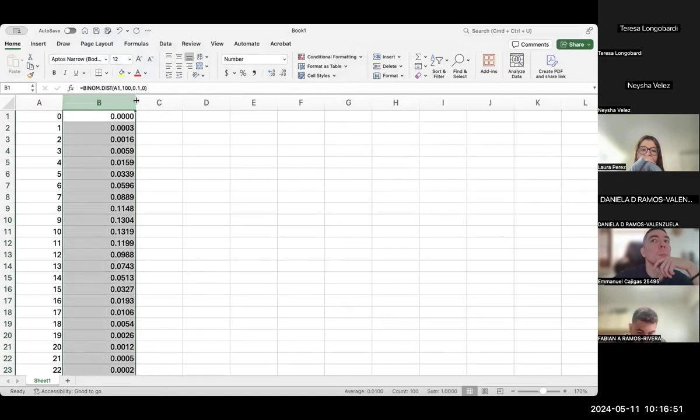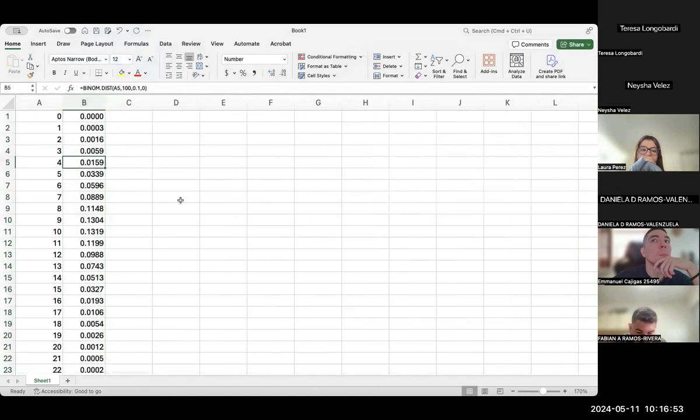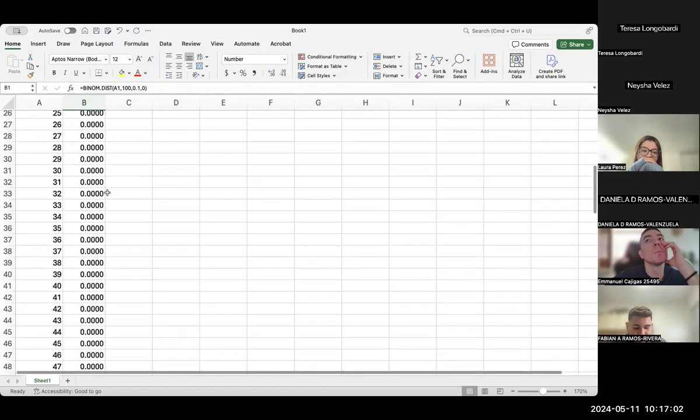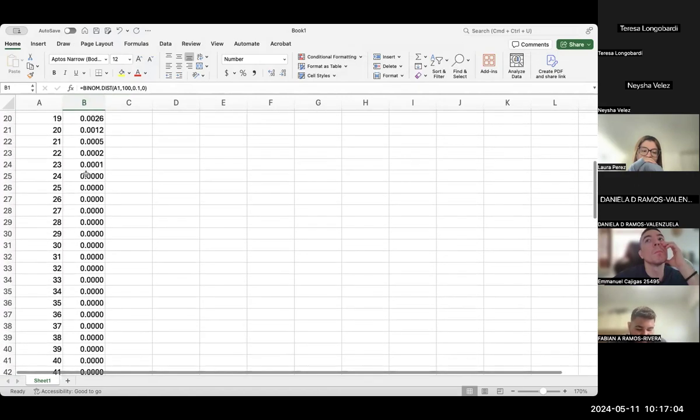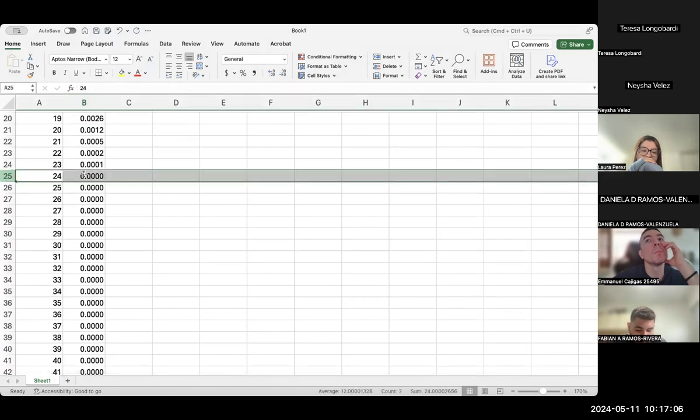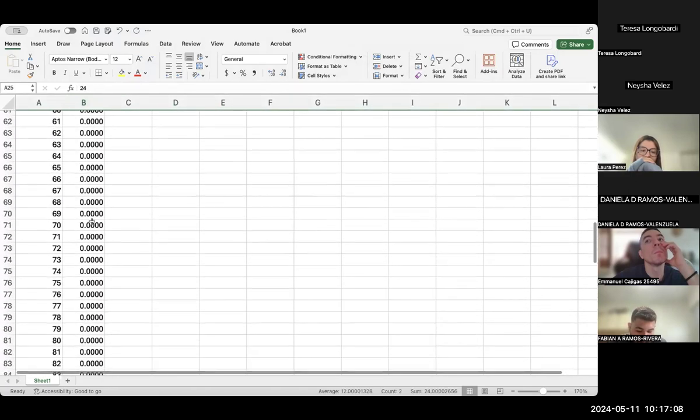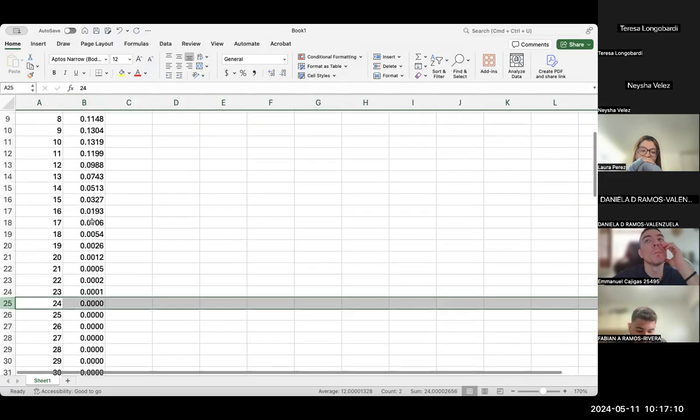And usually the tables just have 4 too. That one just became a 0 because there were so many zeros in front of it. If there are 4 zeros in front, just call that 0. And that is the entire distribution. And you see, after 24, they're all zeros. There's such a small chance.